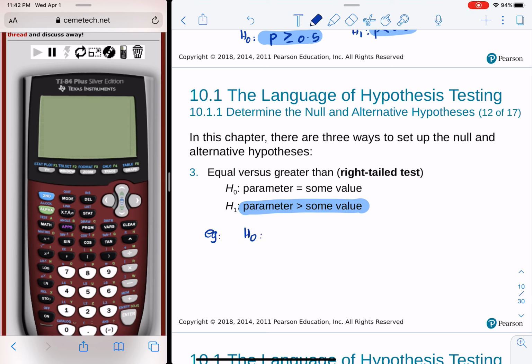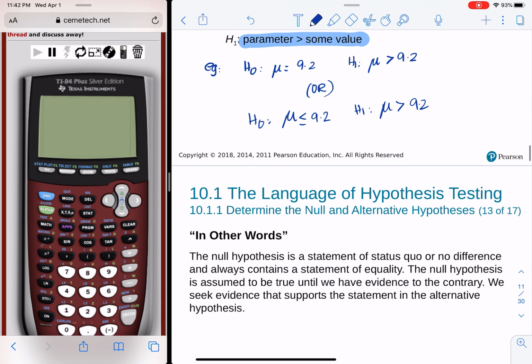So I could say H0, mu equals 9.2 versus the alternative that mu is greater than 9.2. So that's one way of writing it. Some texts would also go beyond and write it as, well, the counter argument to mu greater than 9.2 is mu less than or equal to 9.2. I myself consider the second type to be formal, and usually in advanced stats the second type is formal.